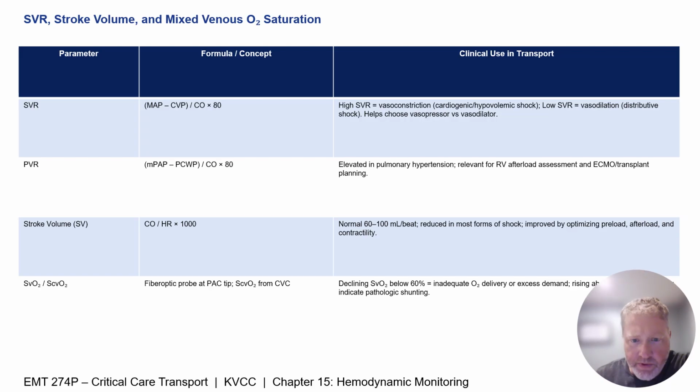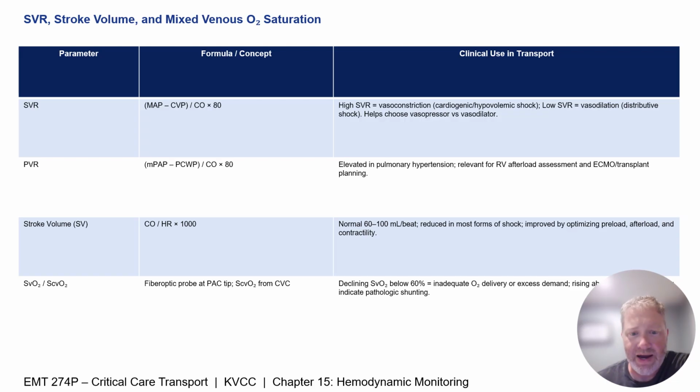So, systemic vascular resistance takes your MAP minus your CVP divided by your cardiac output times 80 for the formula. You won't have to know these formulas, but understanding the clinical use is certainly going to be beneficial.